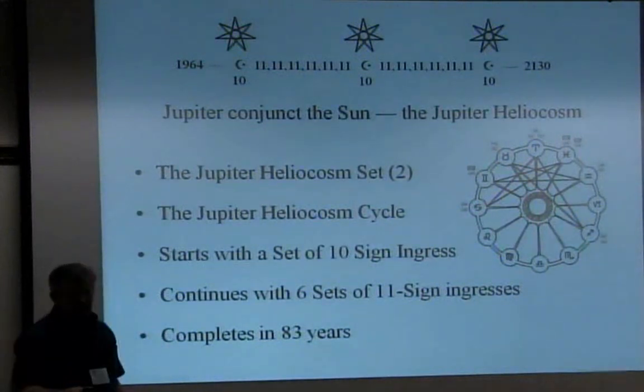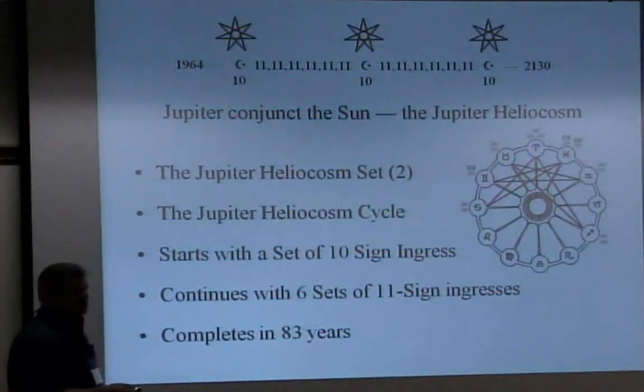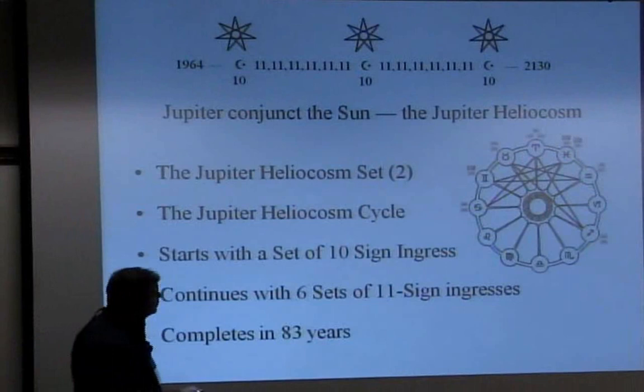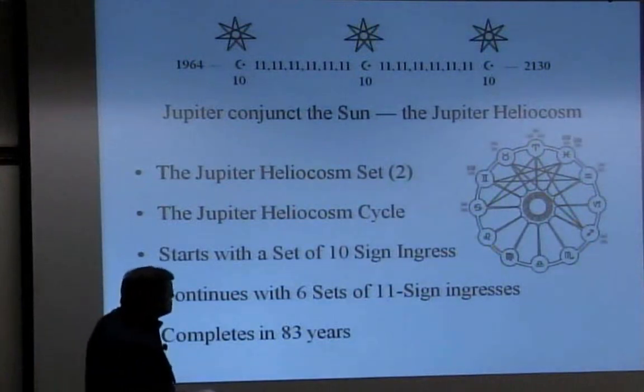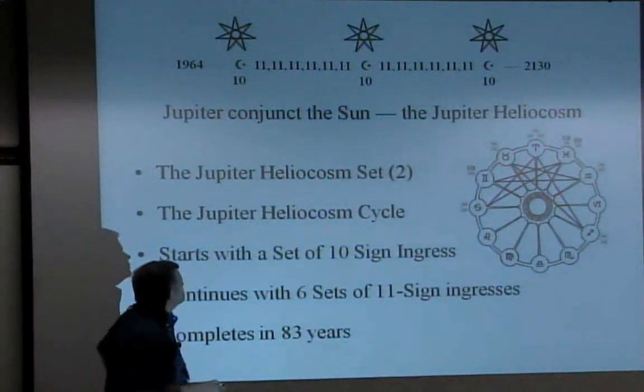I'll just leave that to the books to explain because I'm not sure how easily I could explain it now. The Jupiter heliocosm cycle creates basically a 7-pointed star. When you, how to explain this?